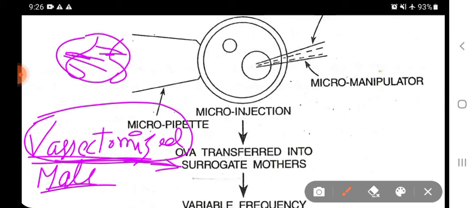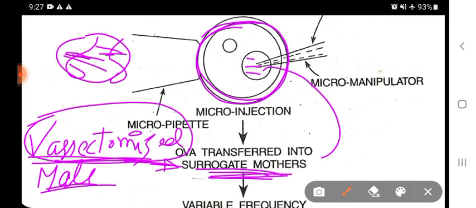Here also a vasectomized male is used to mate with the surrogate mothers, to prepare those mothers for pregnancy. But they do not achieve actual pregnancy, they become pseudo pregnant. That means their egg is not actually fertilized, and thus the transformed ovum, which contains our desirable gene properly inserted, is introduced into the reproductive tract of your surrogate mothers.